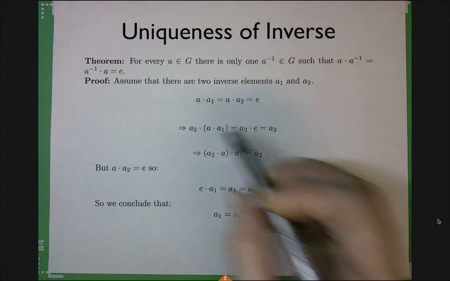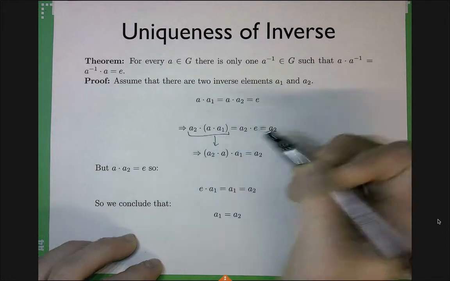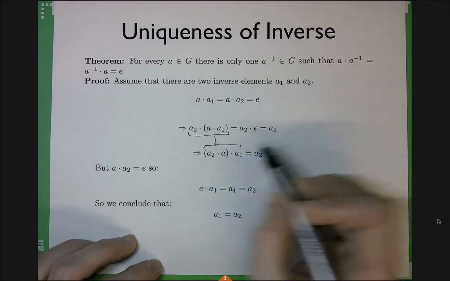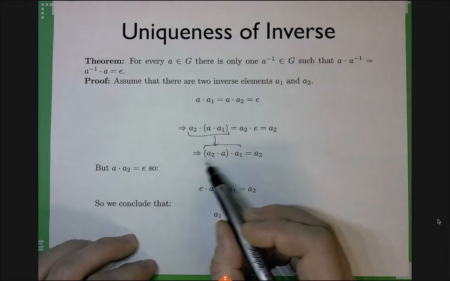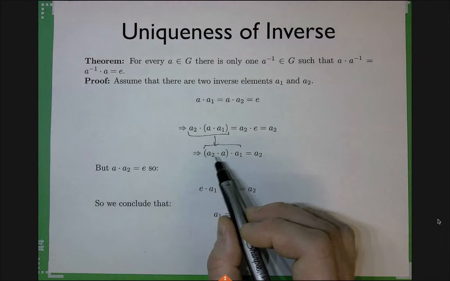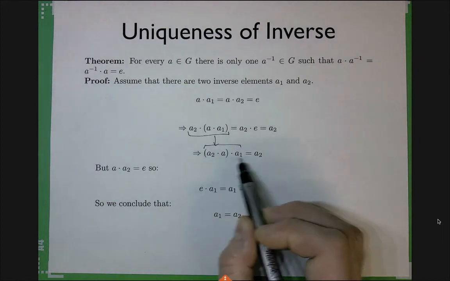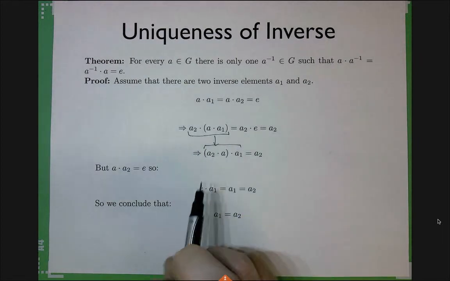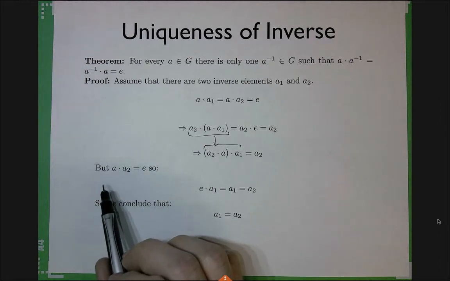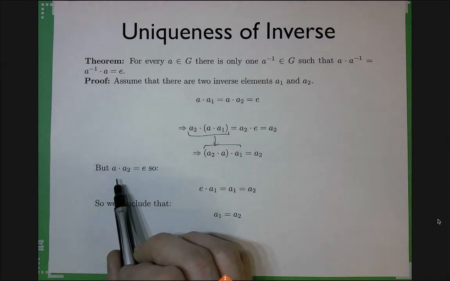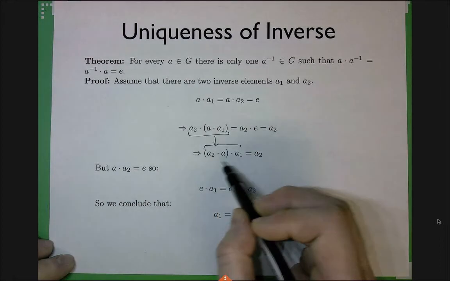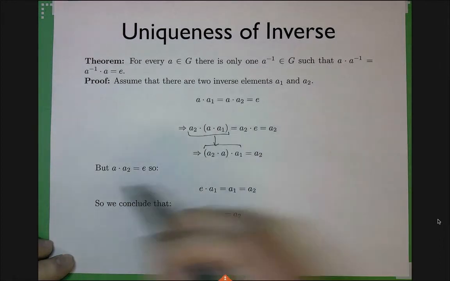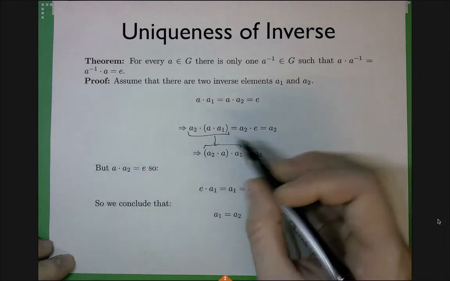Here I just use associativity. I flip the order of multiplication, and I see that A2 times A, the result times A1, is back A2. And here I use the fact that A2 times A, which is the same as A times A2, is identity.